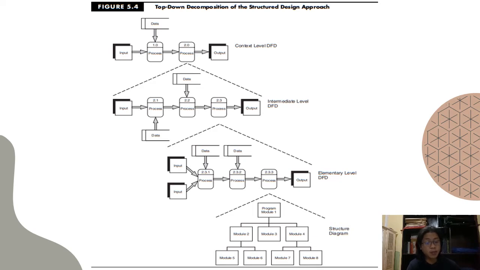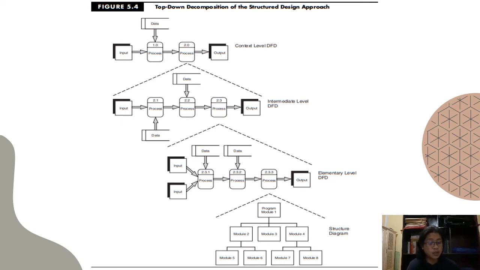So in our example, process 2.0 in the context diagram is decomposed into an intermediate level data flow diagram. Process 2.3 in the intermediate data flow diagram is further decomposed into an elementary data flow diagram. This decomposition could involve several levels to obtain sufficient details.